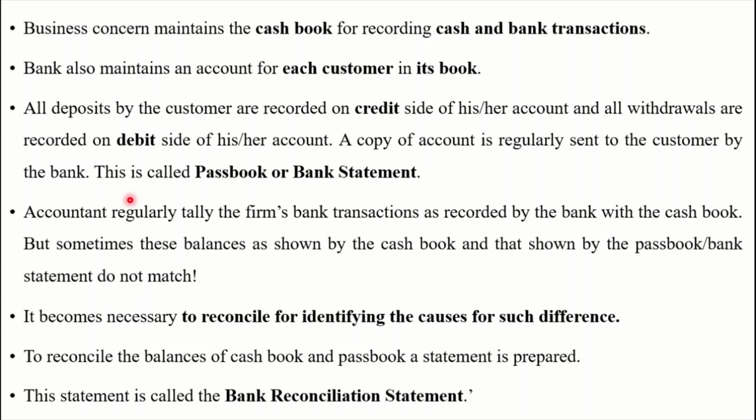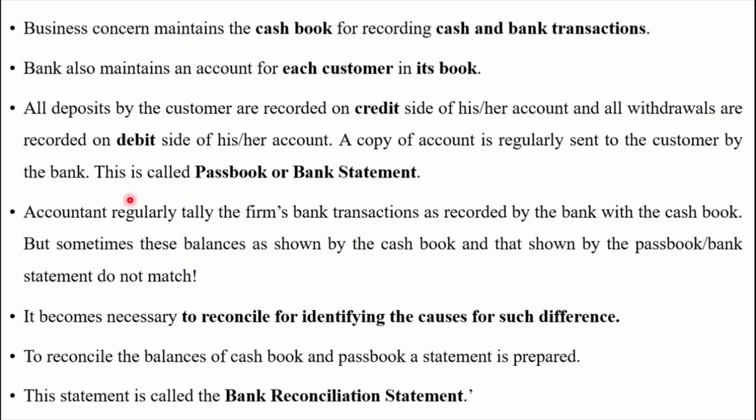The cash book is maintained in the business by the accountant, and it is tallied regularly with the bank transactions as recorded by the bank. Sometimes what happened? Sometimes the balances as shown by the cash book and that shown by the passbook do not match. Then there is a need to reconcile and identify the causes for such difference.